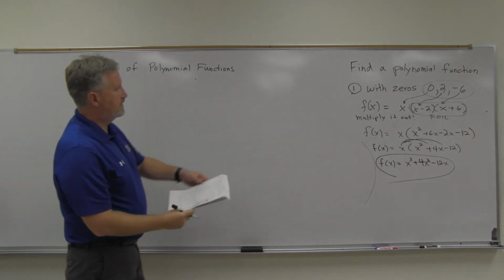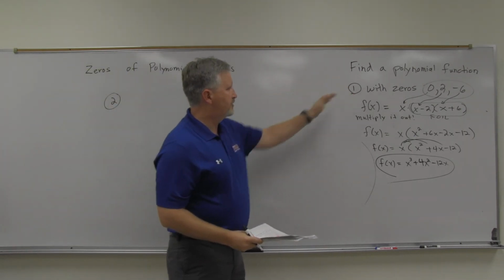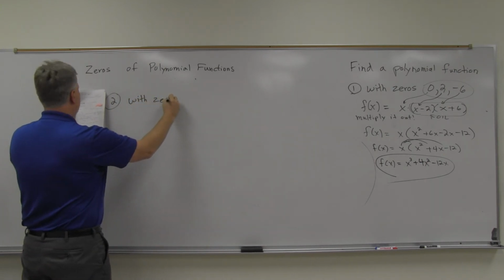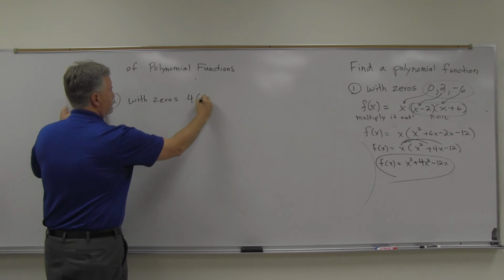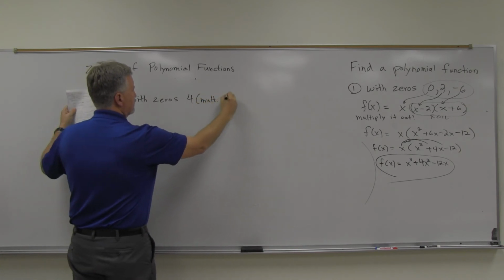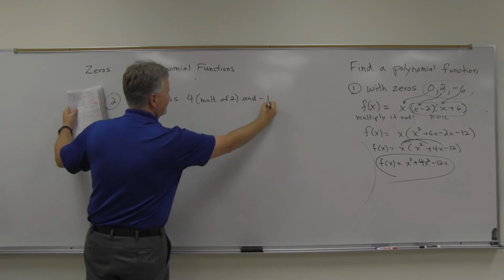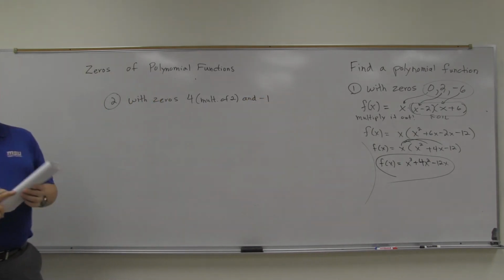So the second one on this one I'll do: find a polynomial function with zeros 4 with multiplicity of 2 and negative 1. So I'll throw in a little twist there.